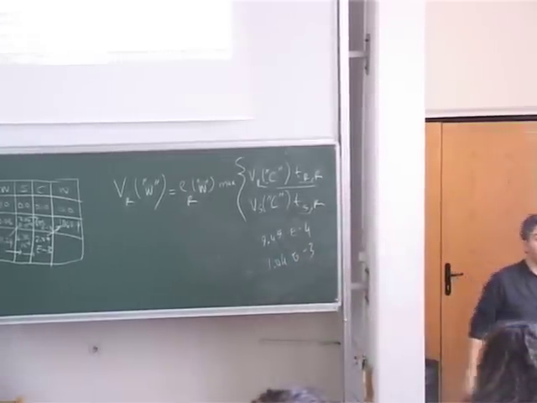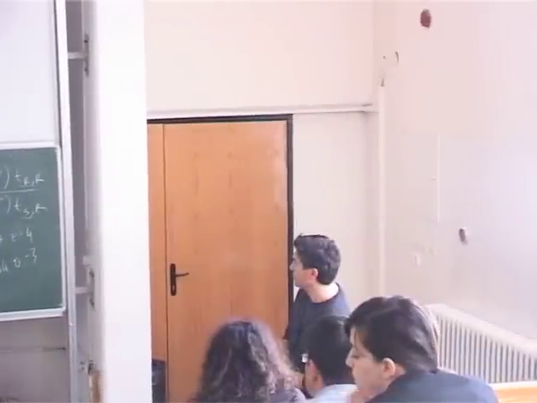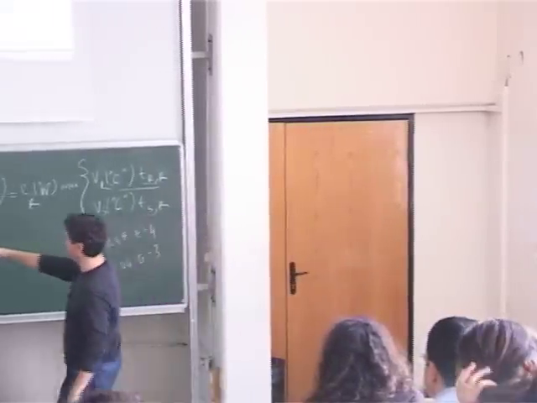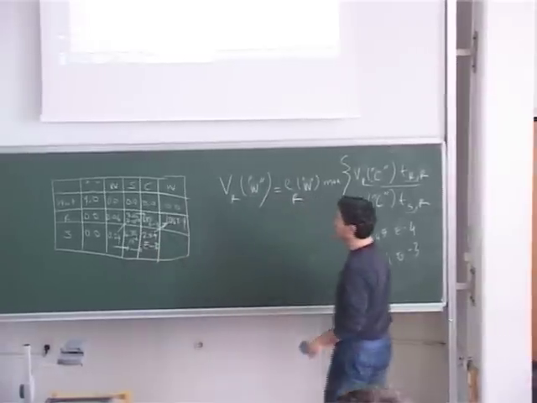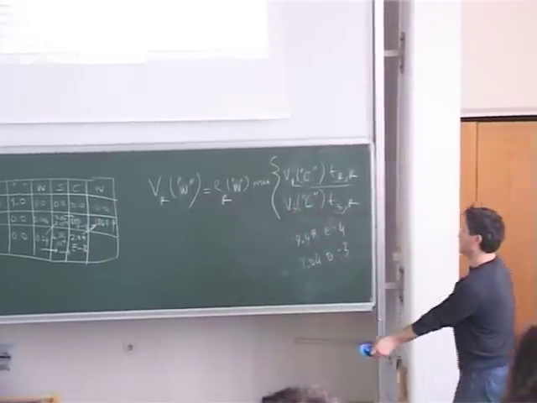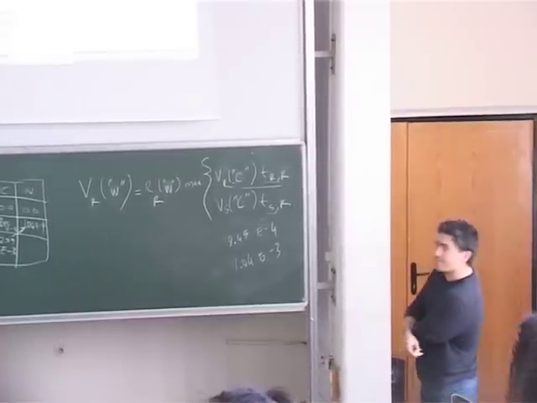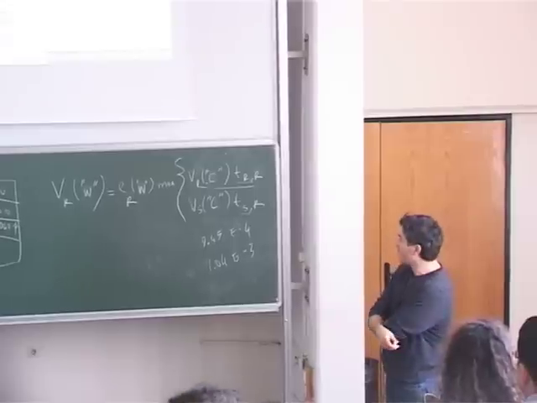Yes? I think the VR column should be 1.35 times 10 to the minus 2. This one? No, the previous one. 135 e to the minus. You multiply 3.84 times 0.7 times 0.5. Oh, okay, you're right.